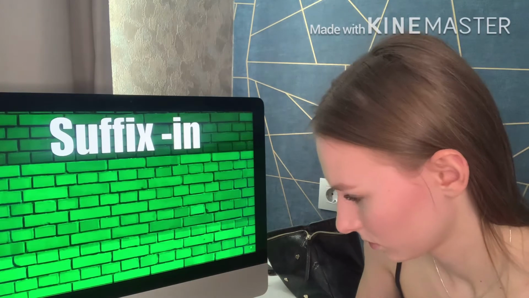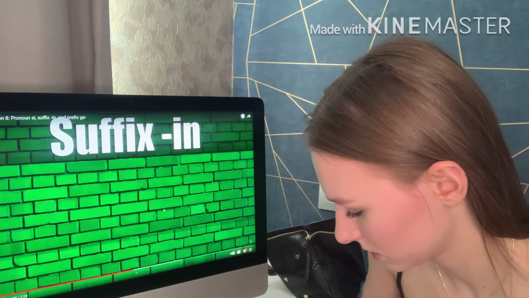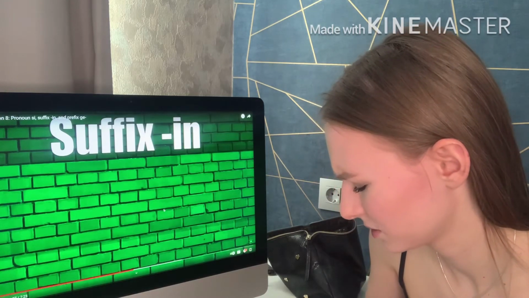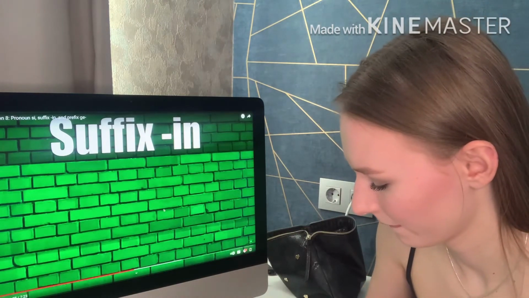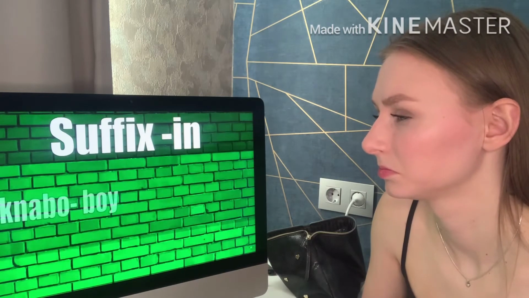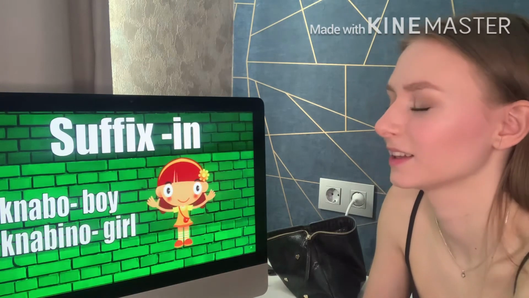The suffix -in is added to the end of a word to make it feminine. One example of this is knabo. This means boy, but knabino means girl.